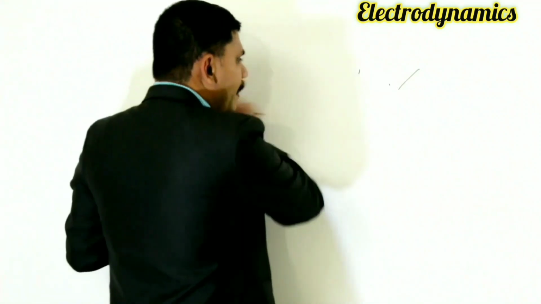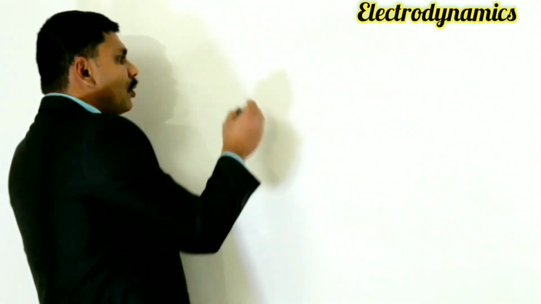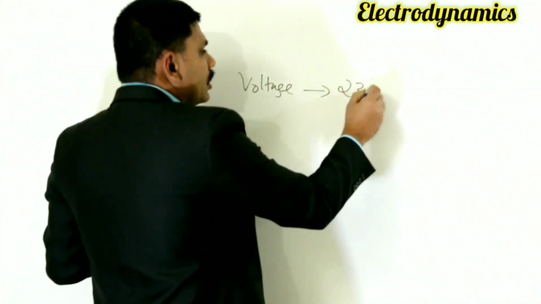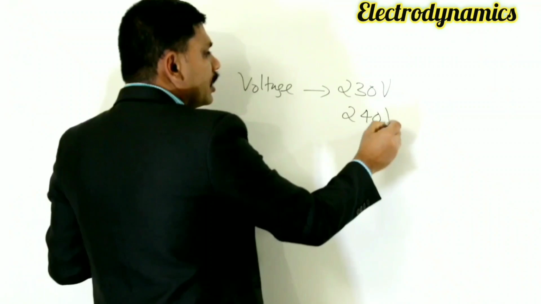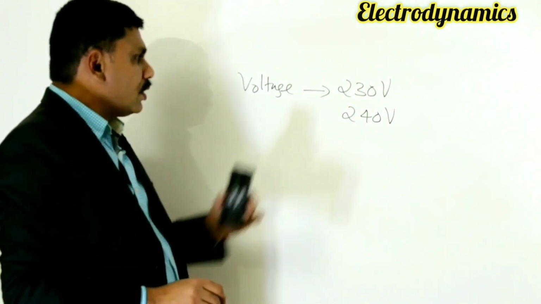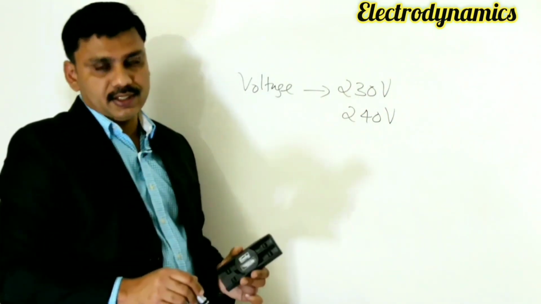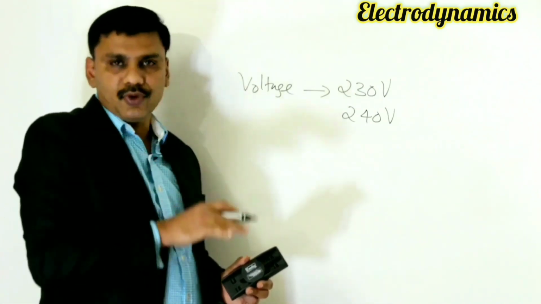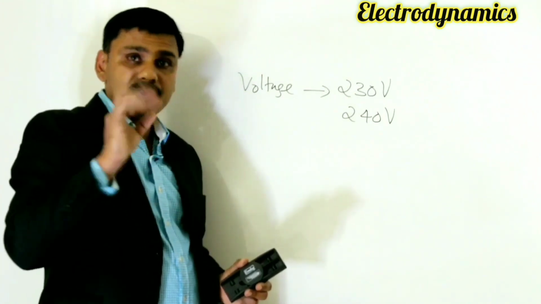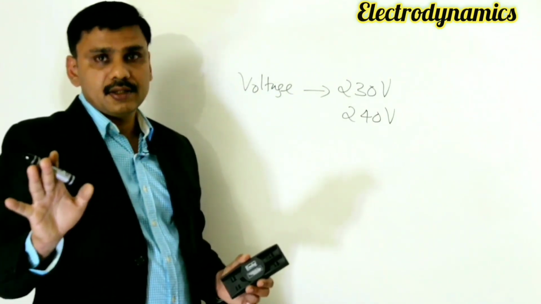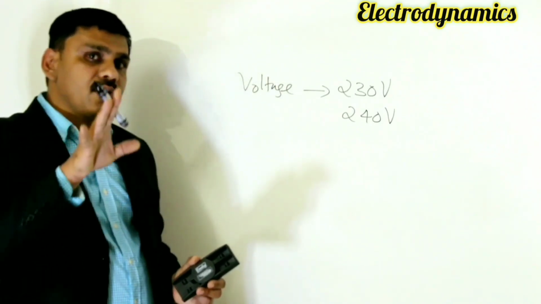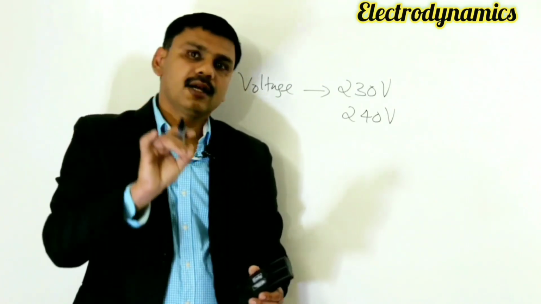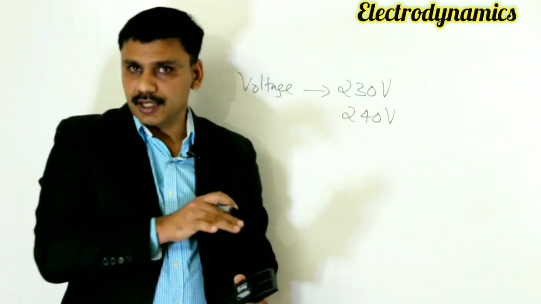In South Africa, the voltage produced is nearly 230 volts or 240 volts, 230 to 240. So what is the name of this voltage? Is it peak voltage or RMS voltage? It is RMS voltage. It is not peak voltage. So in the questions, if they are not mentioning peak voltage or peak current, they are giving RMS current and RMS voltage.